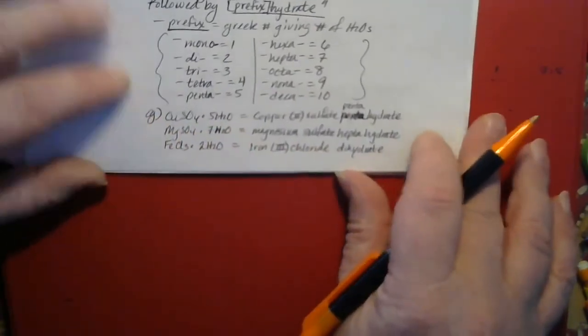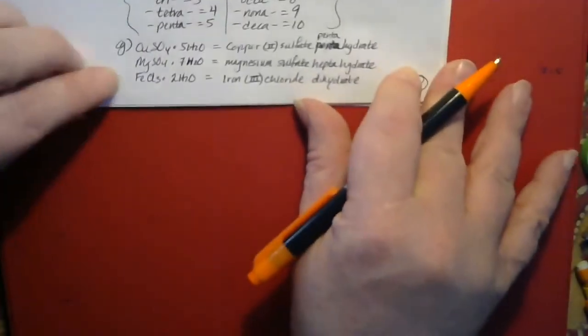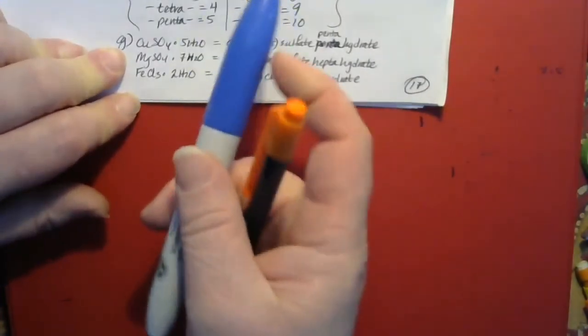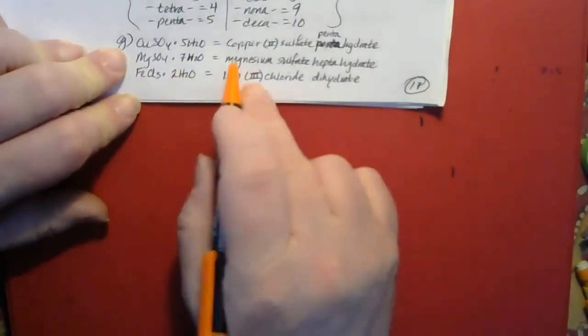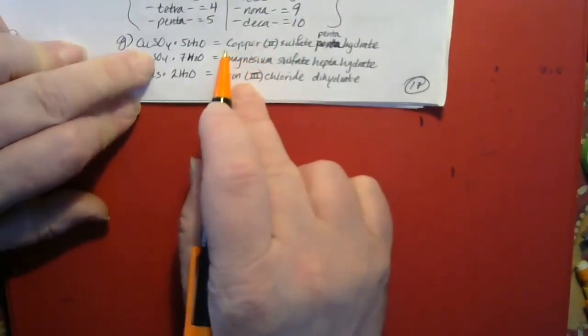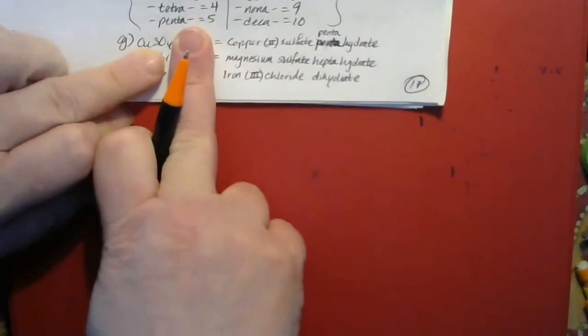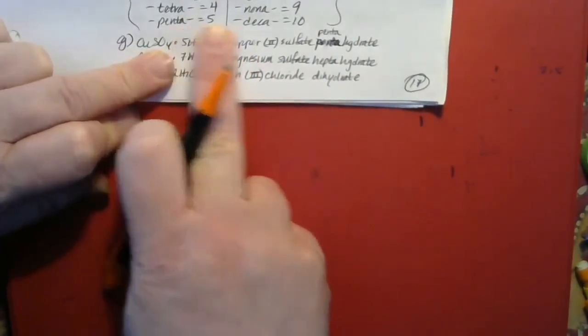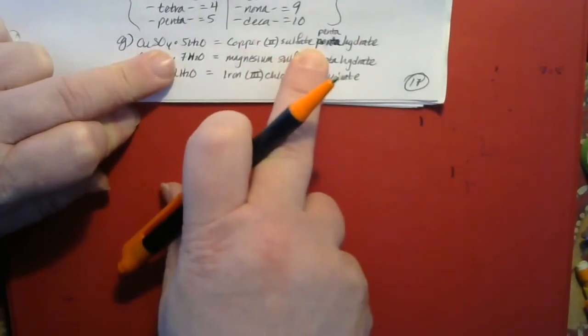CuSO4.5H2O. Pretty blue substance, sort of blue crystals, a nice royal blue color, kind of probably about the color of a blue Sharpie, actually. And the name would be first the name of the ionic compound, CuSO4, which is copper 2 sulfate.